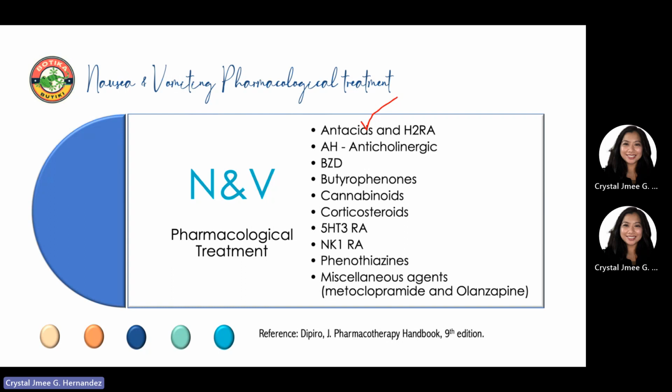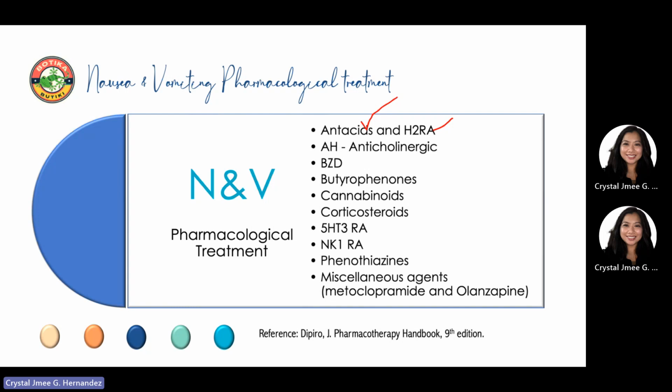These usually provide sufficient relief for simple nausea and vomiting, especially if the condition is related to GERD or PUD. We can also use H2RAs in the form of cimetidine, famotidine, nizatidine, and ranitidine. Again, this is if the nausea and vomiting is associated with heartburn, GERD, or even PUD.